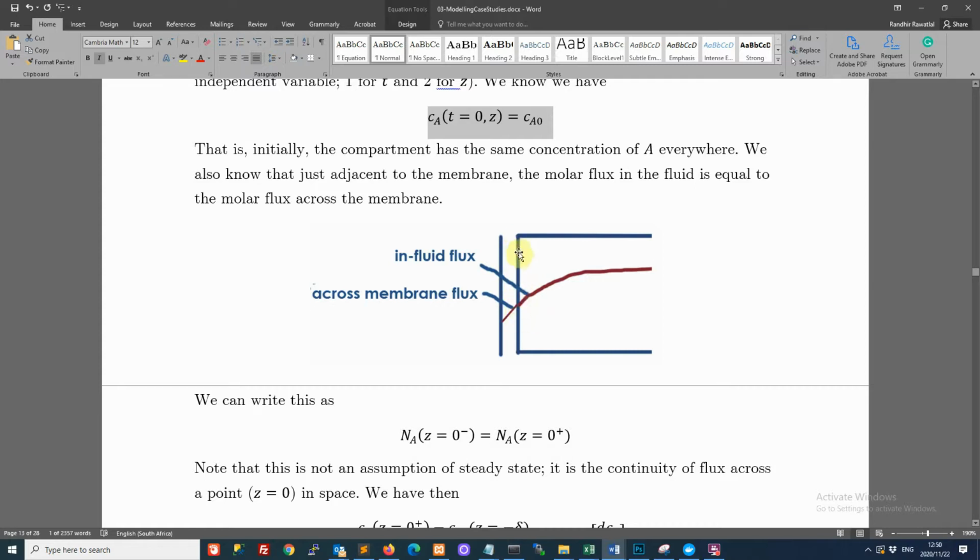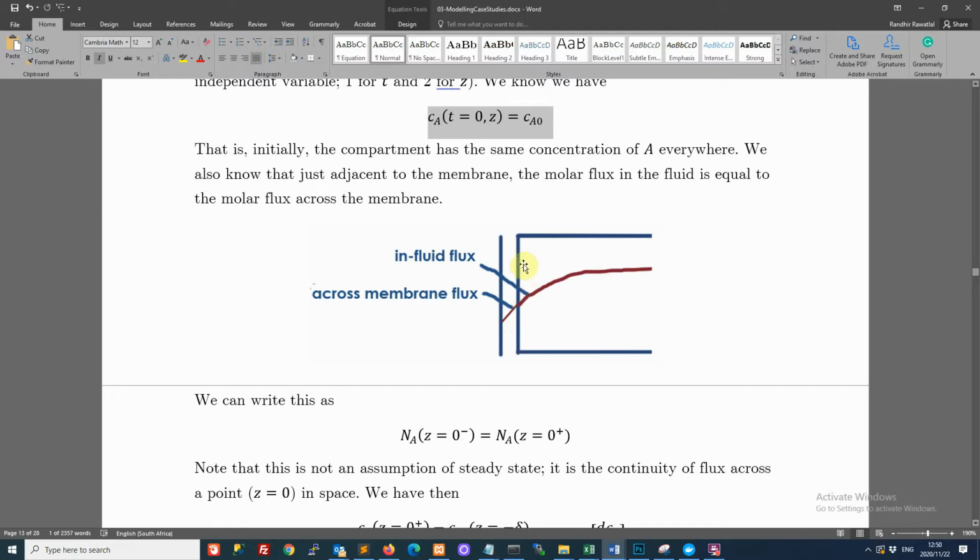Now, of course, a face is not a volume. A face has zero volume. There's no thickness to a face. It's just an interface. So it's not as if we can write the rate of change of moles of A in the face. We can write the rate of change of moles in the membrane, but that's not what we're saying.